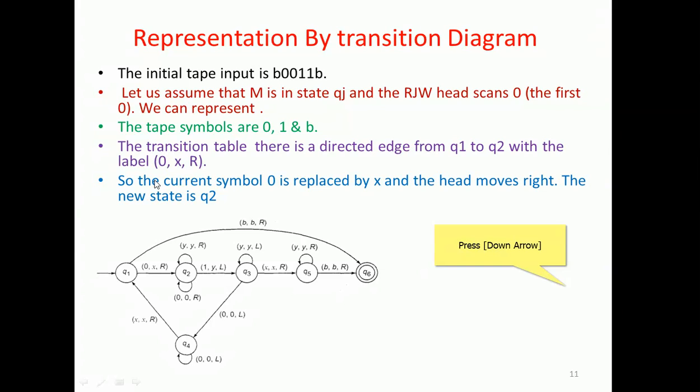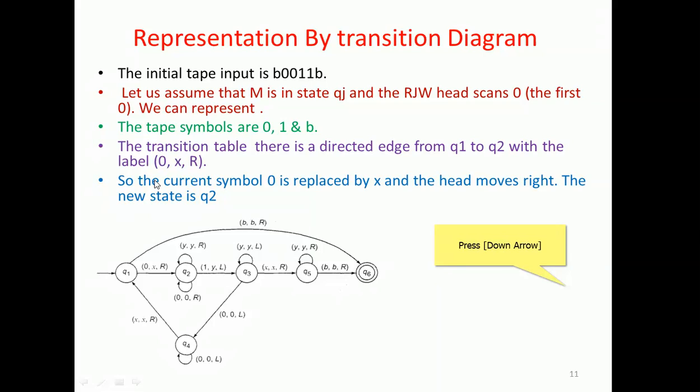Why is it moving right? There are still some more characters to examine, so it will move towards the right side. How long does it move right? Until it reaches the rightmost blank. Afterwards it comes back to the left side. That is the mechanism practiced.